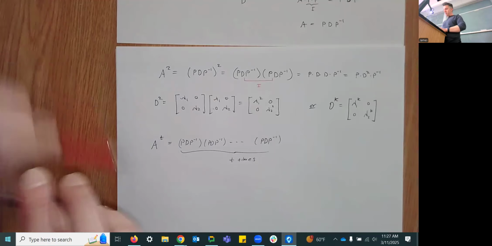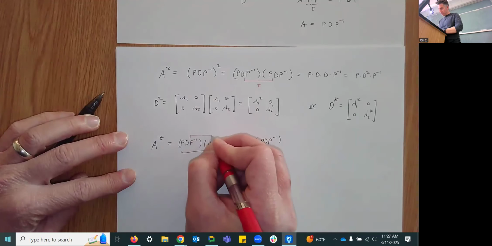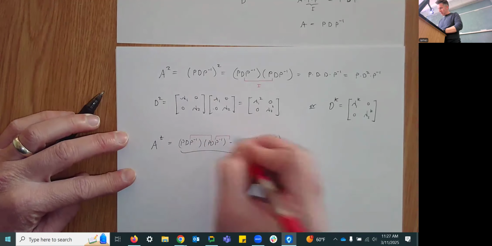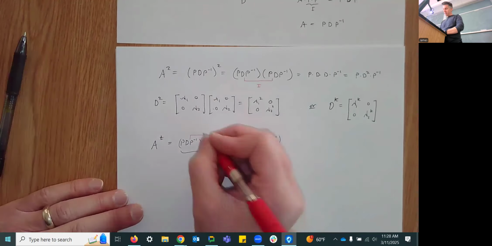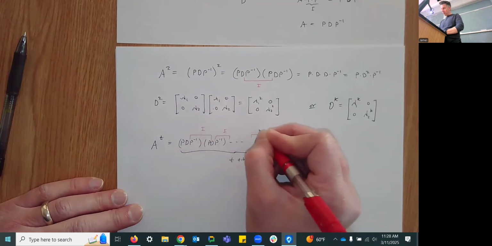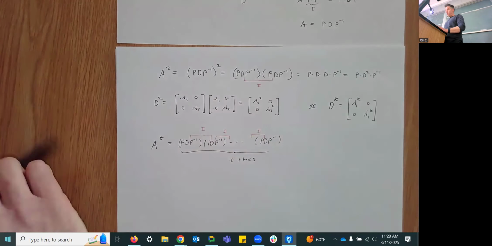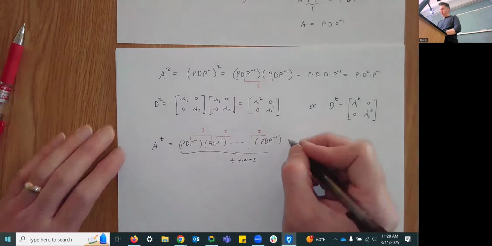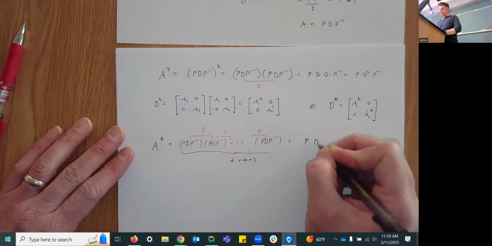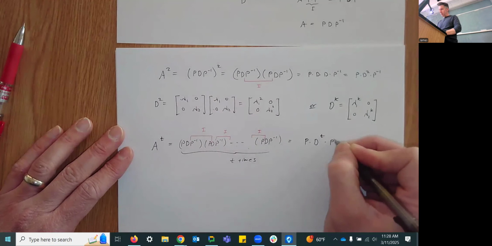So every P inverse P, right? This P inverse times P here, this P inverse times P here, this P inverse times P there. All the P inverse times P's are just identity matrices. They all go away, and we're left with P times D times D times D times D times D times P inverse. Or in other words, P times D to the Tth power times P inverse.